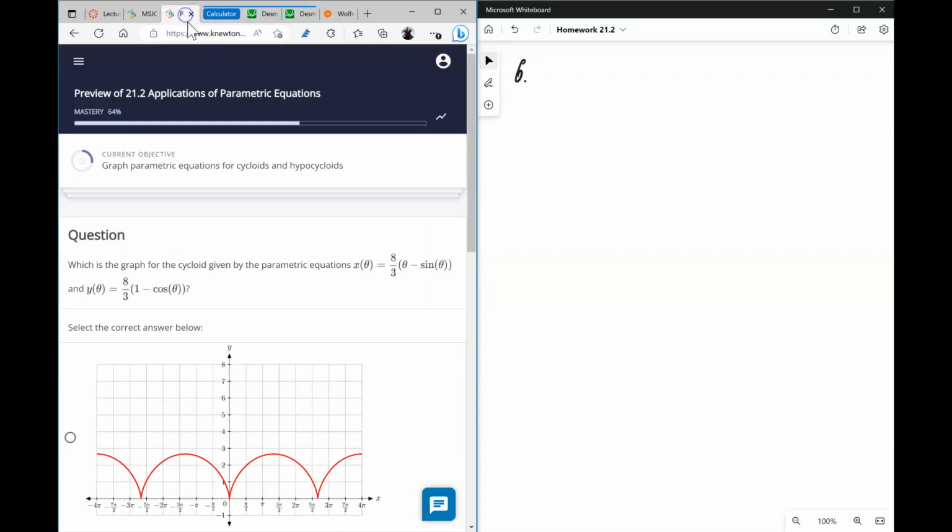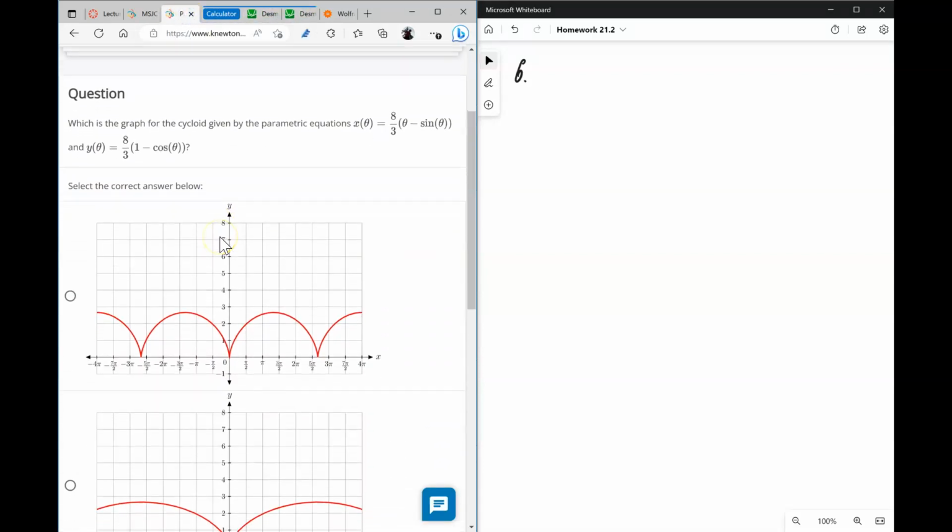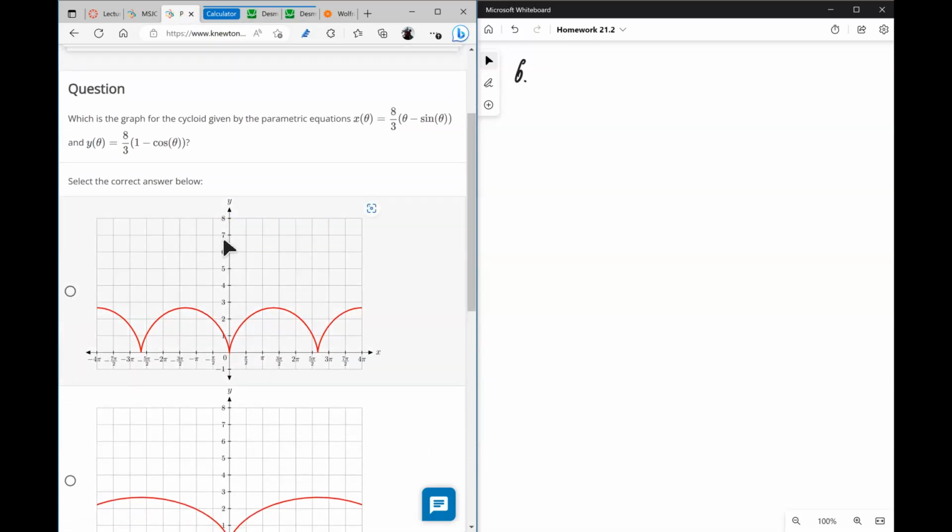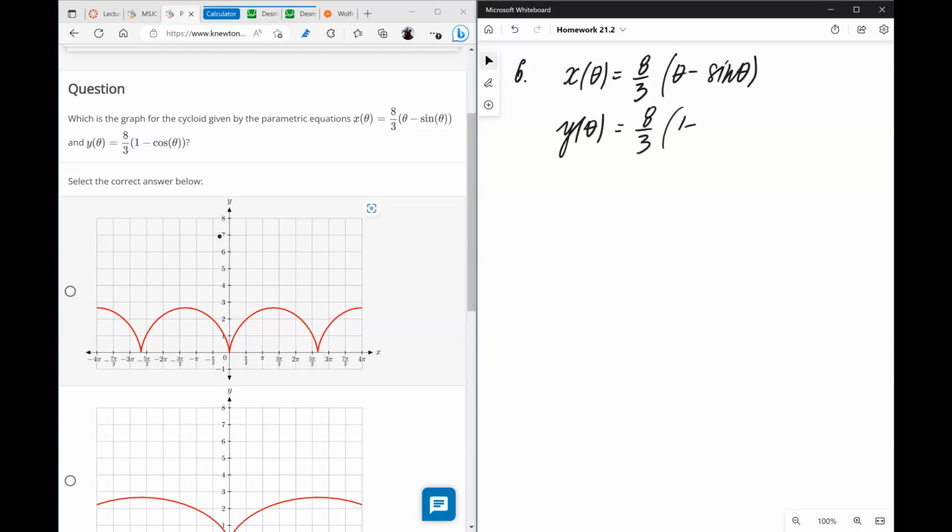All right. Which is the graph of the cycloid given the parametric equation? And we need to look at the differences between the graphs.